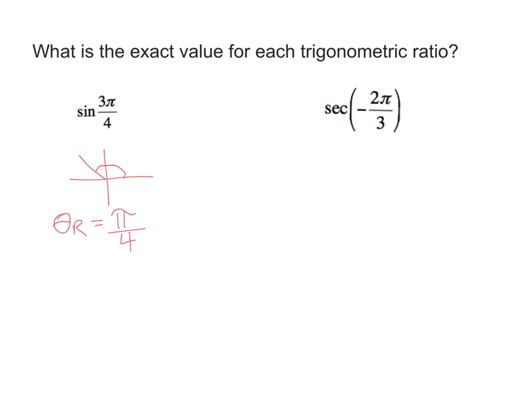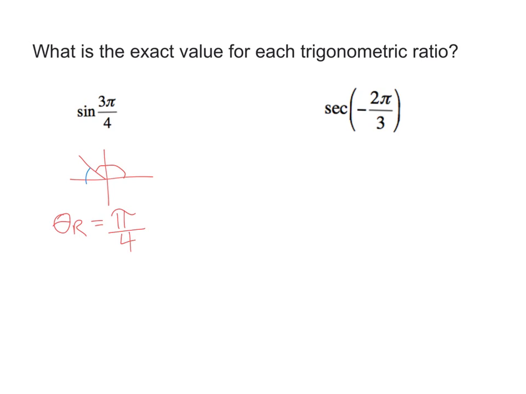So the reference angle is just this angle in here. It's from the terminal arm to the closest x-axis. So in this case, it's that negative x-axis. So it's the leftover. And again, if you think about taking that circle and splitting it into 4 pieces, 1, 2, 3 is where the terminal arm is. There's only one more piece to get to the x-axis. So it's 1 pi over 4.